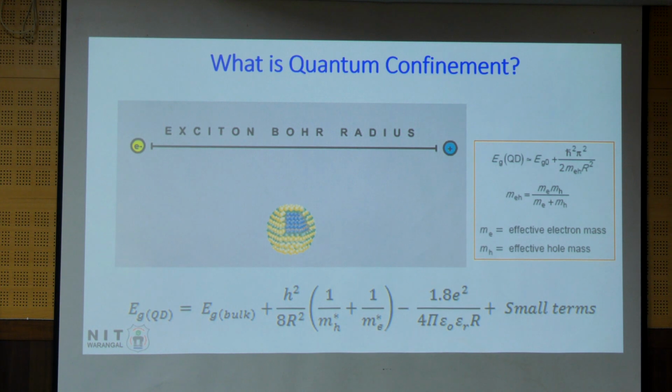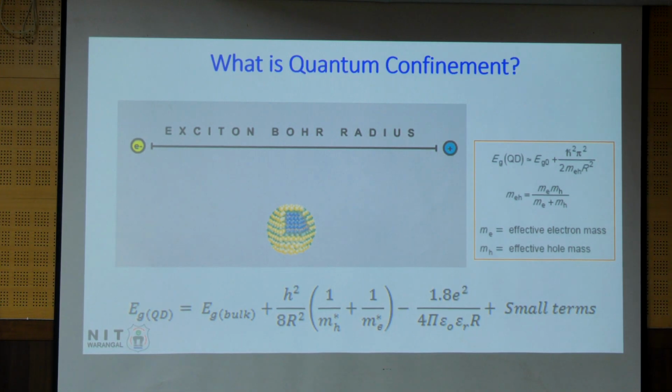You can calculate the exciton Bohr radius for any material. Suppose you are working with a compound material whose exciton Bohr radius is 10 nanometers. If you make the same compound lesser than 10 nanometers, then essentially the exciton Bohr radius is squeezed and present inside that. That's why it will show some abnormal properties.